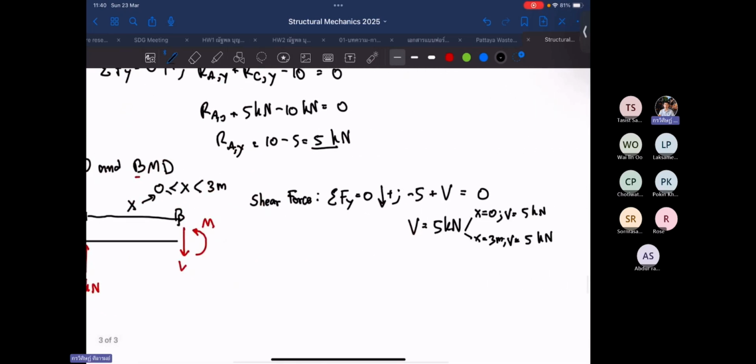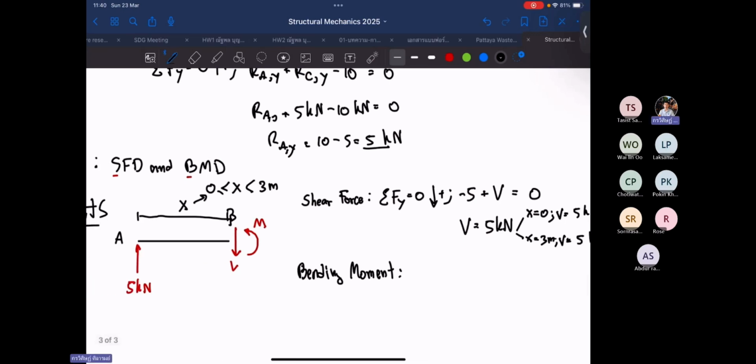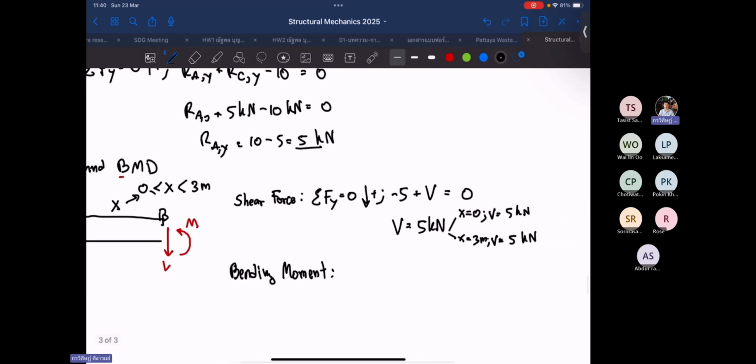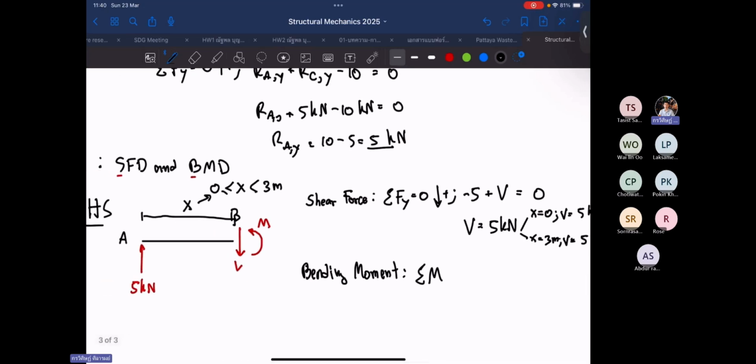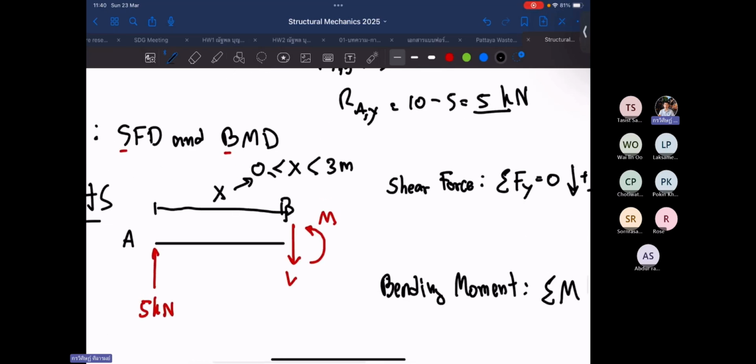Next one is the bending moment. Again, this one is moment, so we have to use the moment equation. If you use the left-hand side method, you will have to use the right side as the turning point.